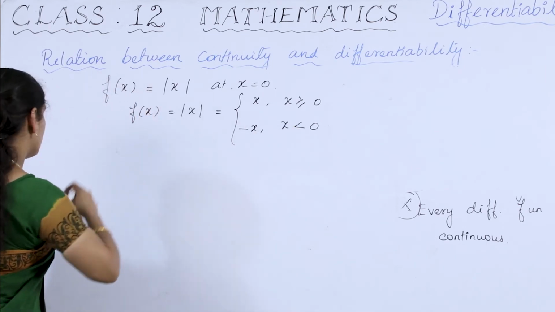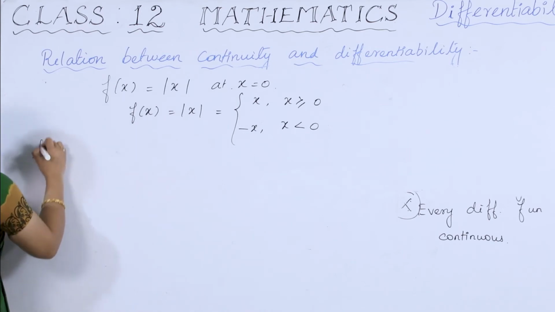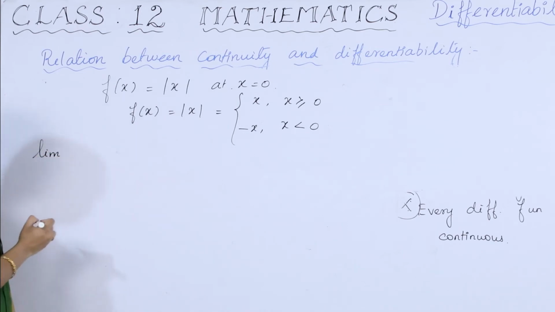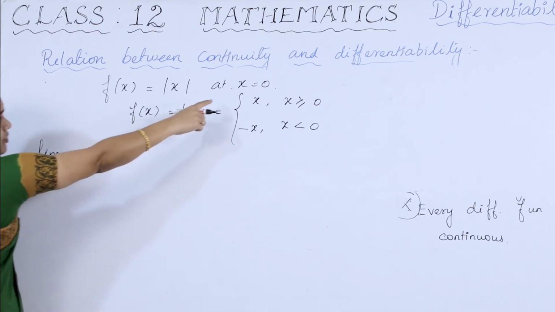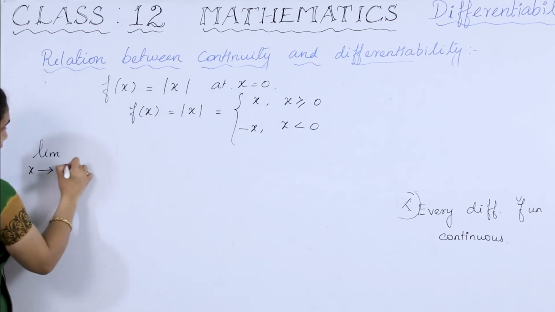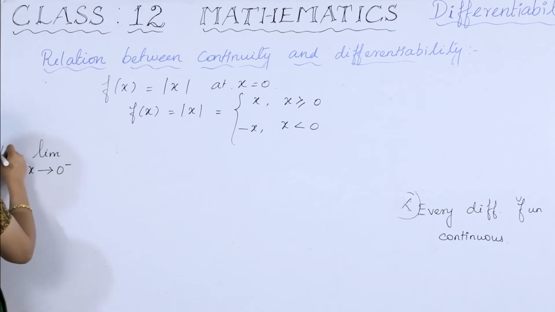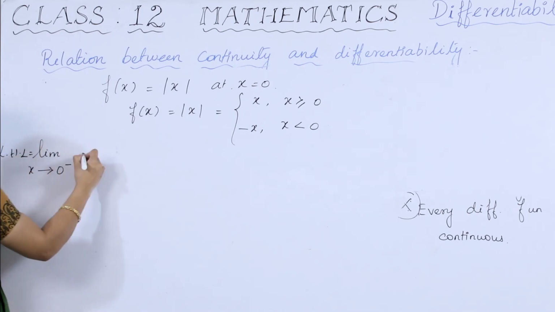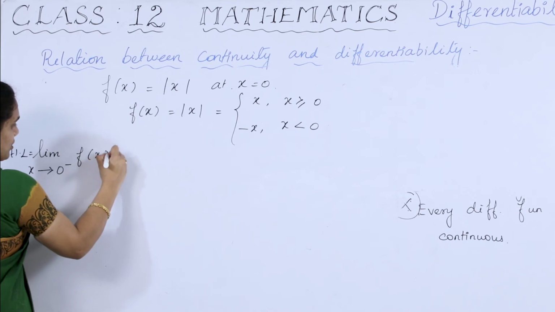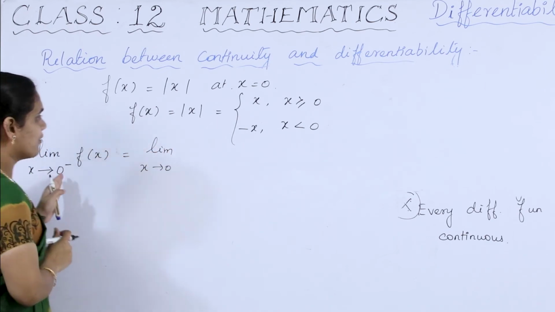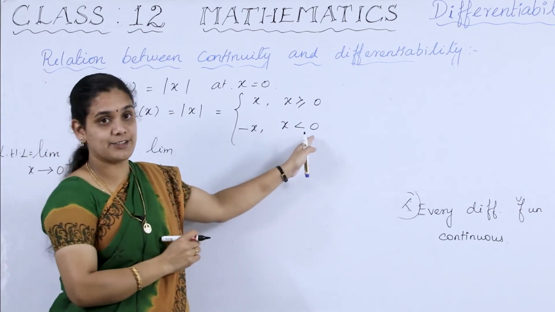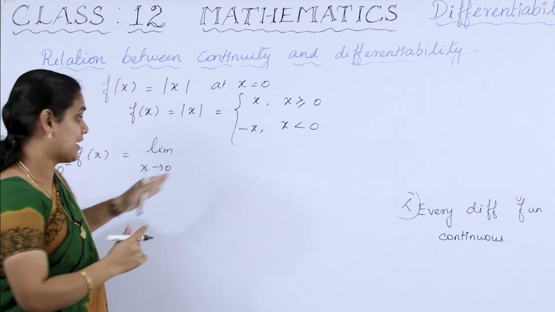Let us show first that this is continuous. For that, right hand limit and left hand limit. So limit x tends to 0 minus, this is the left hand limit, is equal to limit x tends to 0. The left side of 0 is less than 0, so the function is minus x.